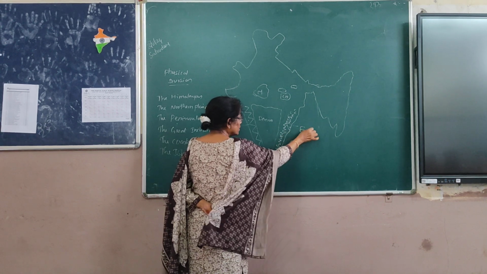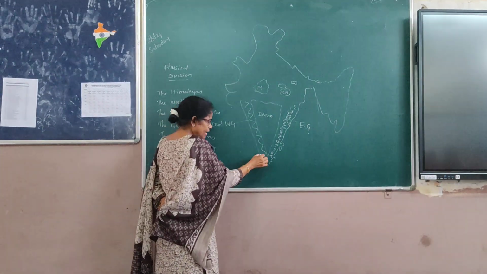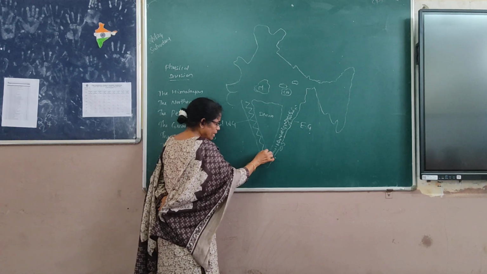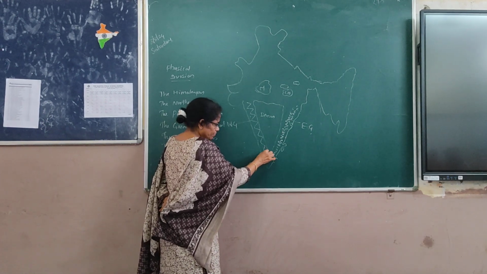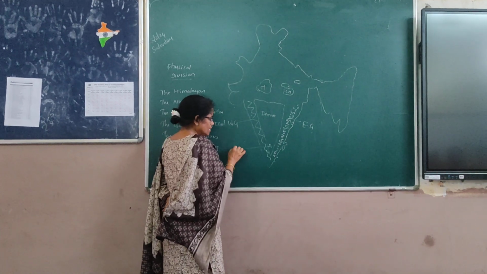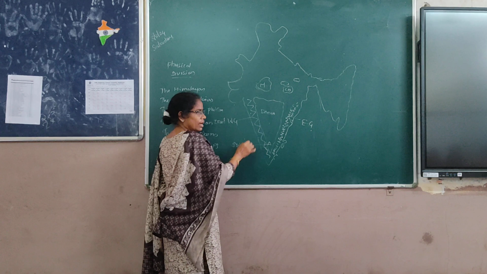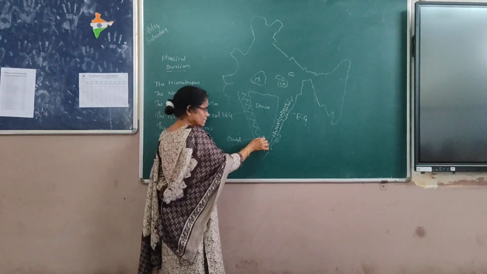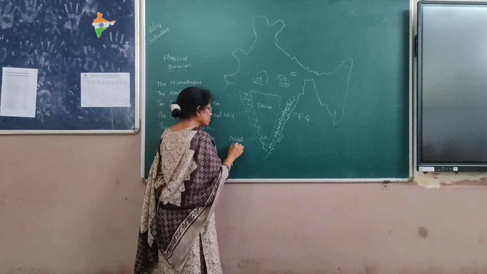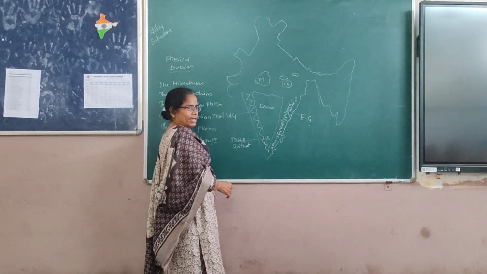What are the Eastern Ghats and the Western Ghats? These are nothing but hills, with many hills and mountain peaks. The famous among them is Doddabetta, the highest mountain peak in southern India. Its height is 2692 meters above mean sea level.